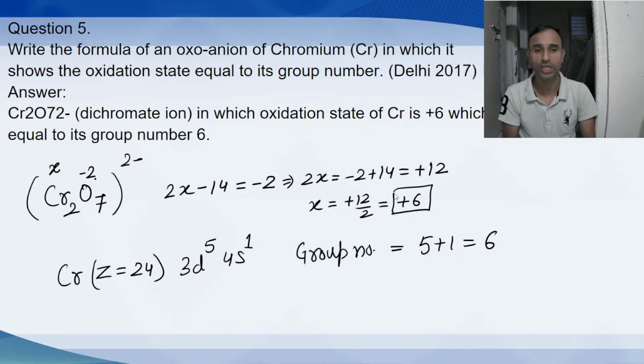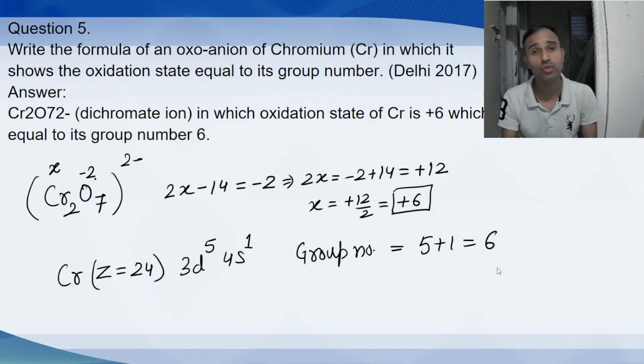So the oxidation number in the dichromate ion is plus 6, and the group number of chromium is also 6. So dichromate ion is one in which the oxidation number of chromium is plus 6, which is equal to its group number, that is 6.